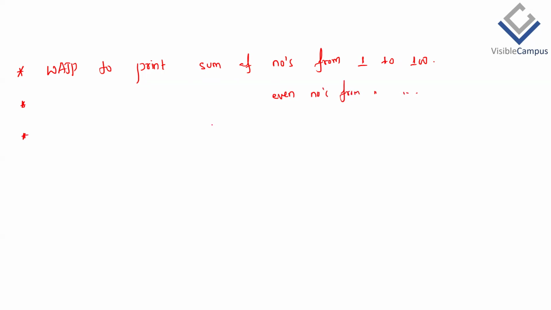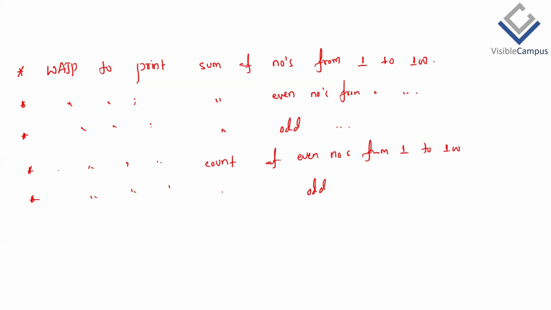The next, the sum of odd numbers from 1 to 100. The next, write a program to print the count of even numbers from 1 to 100. Then the count of odd numbers from 1 to 100. So these are some number-based programs.